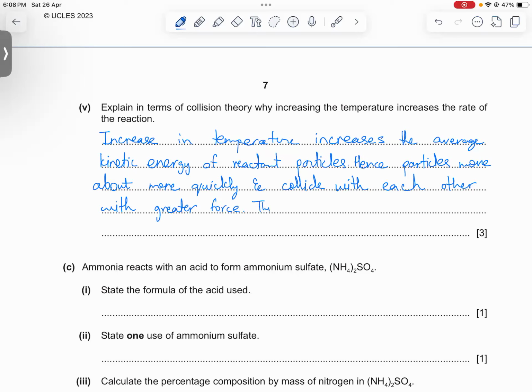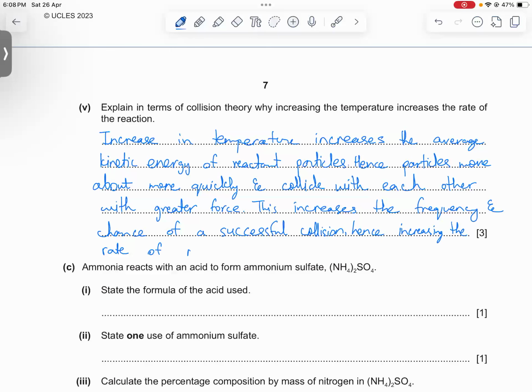This increases the frequency and chance of a successful collision, hence increasing the rate of reaction.